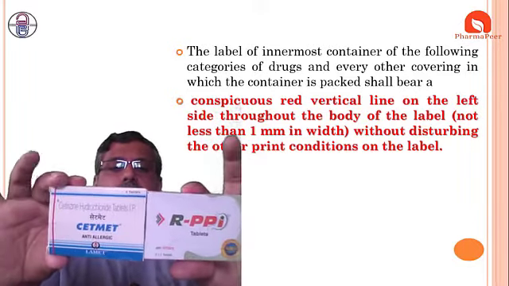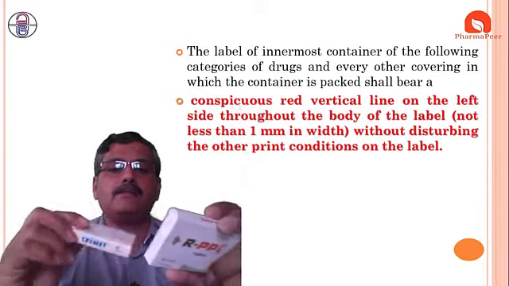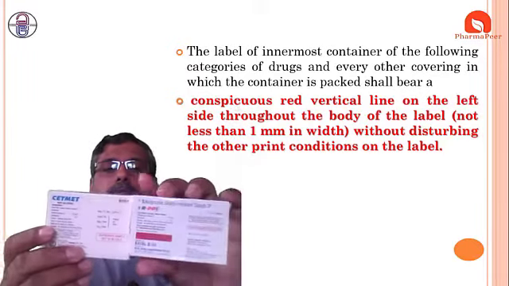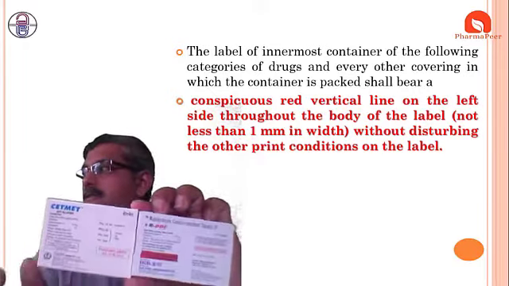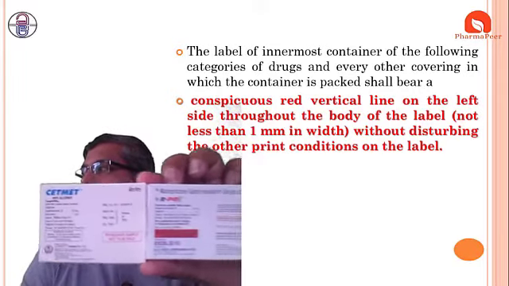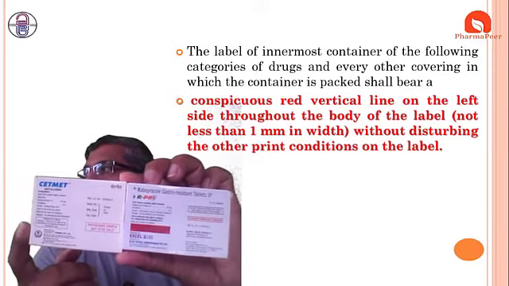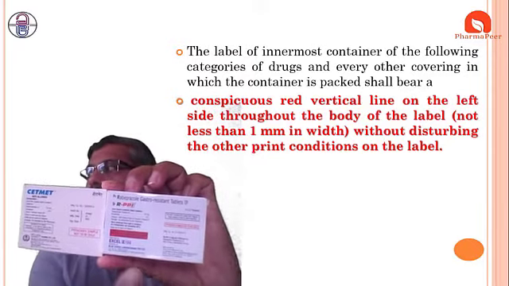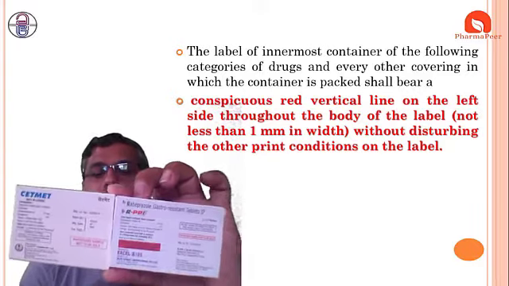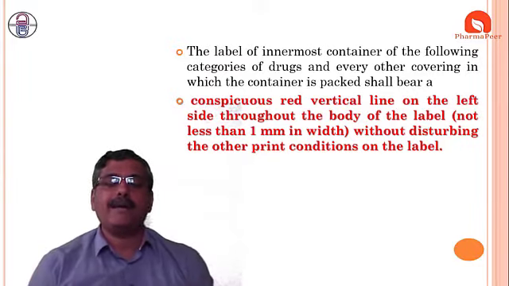If you see this particular label, you will identify that schedule H drug is mentioned here, but in this case there is no mention of schedule H drug. That is the difference between a scheduled drug and a non-scheduled drug.